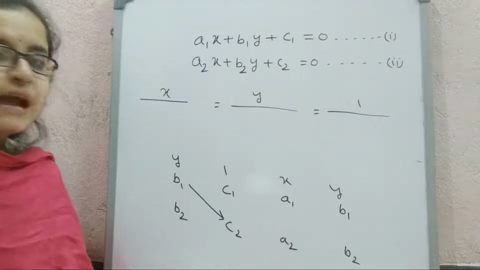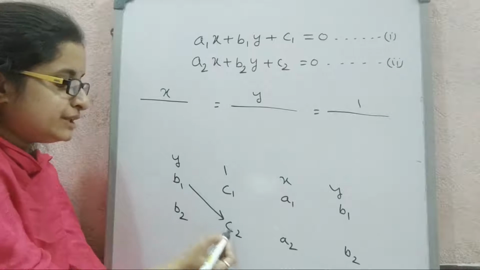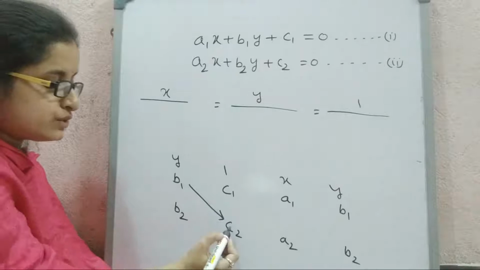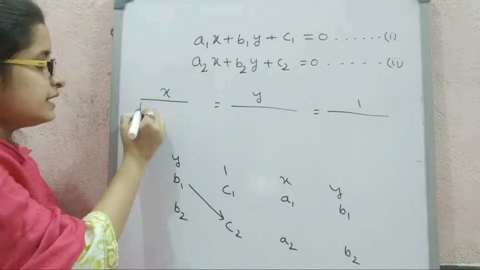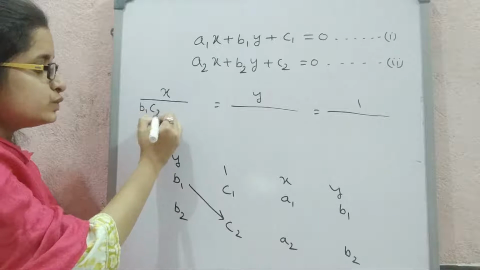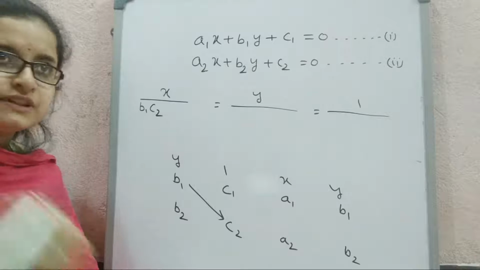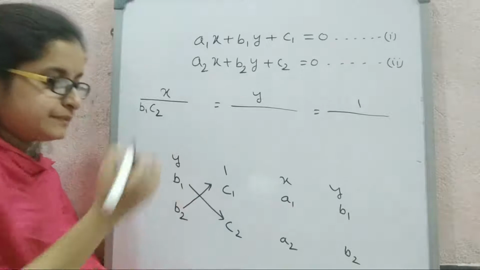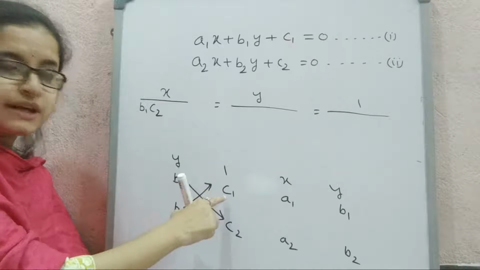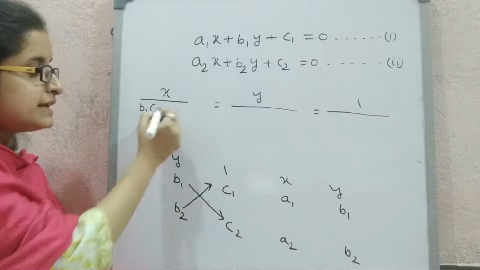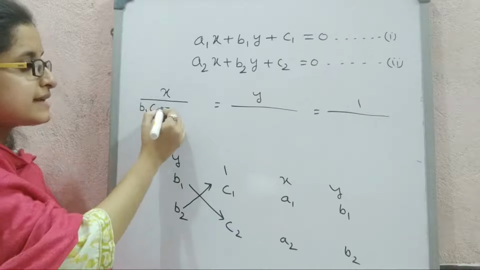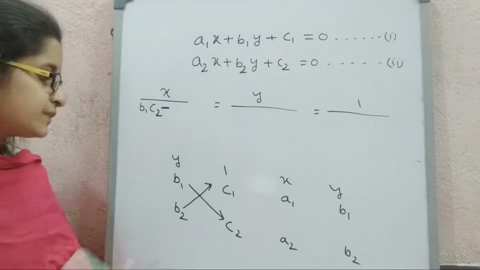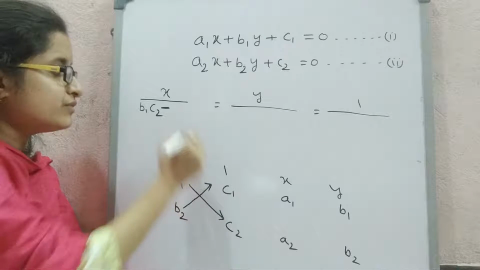Now for x, we have to do b1 into c2, and we write b1 c2. After that we multiply b2 c1, and there is a minus sign, we have to subtract b2 into c1.